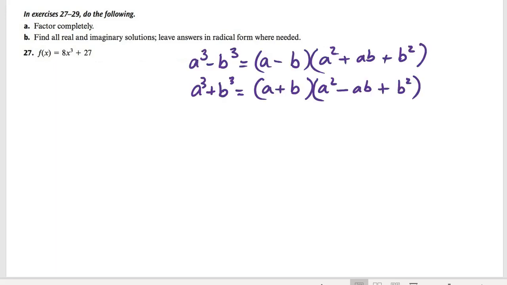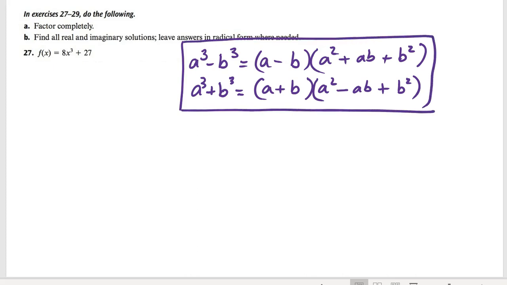So these are our 2 rules that you can memorize or write on your card. I always just reason them out like this. I say that 8x cubed can be written as 2x all cubed, and 27 can be written as 3 cubed, right? So I always make a short parentheses and a long parentheses.